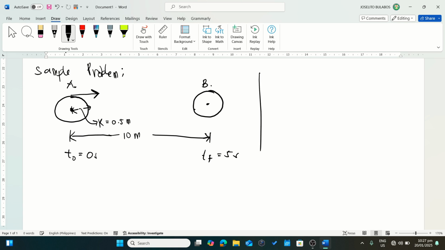Now we want to know the following: what is the average speed, and the number of turns of the wheel? Let us start with the average speed solution.